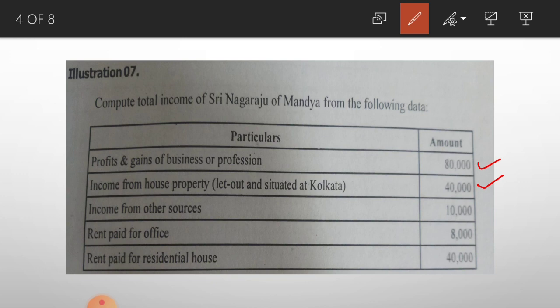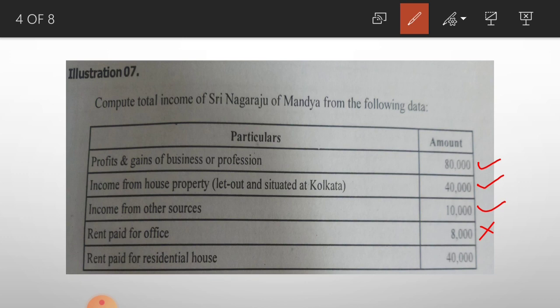The third income is income from other sources. You have to consider this income to calculate gross total income. Next point is rent paid for office. This section relates to rent paid for residential house, so you should not consider the rent paid for office. This is irrelevant in this problem, so it is not allowed for deduction under this section.